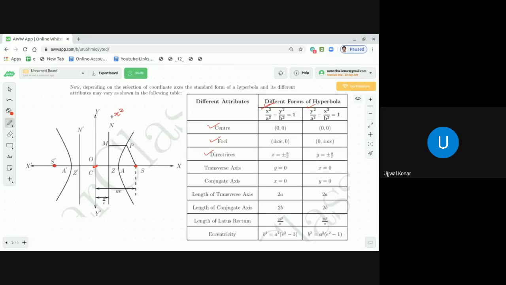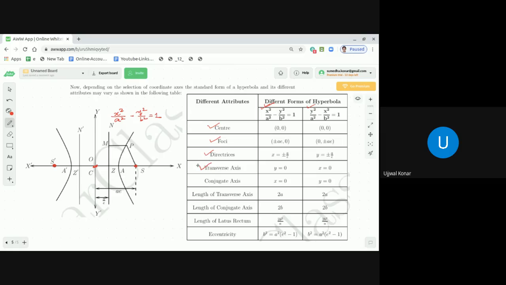The directrix, in this case, is definitely parallel to the y-axis. So hence its equation becomes x is equal to plus minus a by e. The transverse axis is nothing but the line passing through the points A and A dash, and we see it is the x-axis, whose equation is y equal to 0.